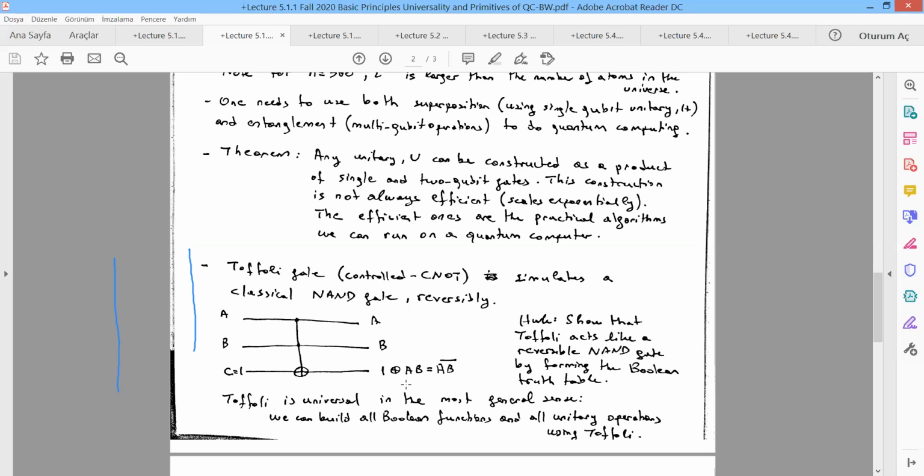That means any classical circuit that you build using NAND gates, you can easily convert to a quantum computational circuit by using a Toffoli gate. Again, this does not guarantee constructing the circuit efficiently, but at least now we are able to show that any classical circuit can be built using quantum circuits.